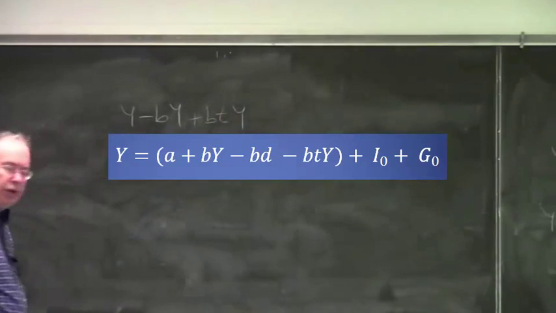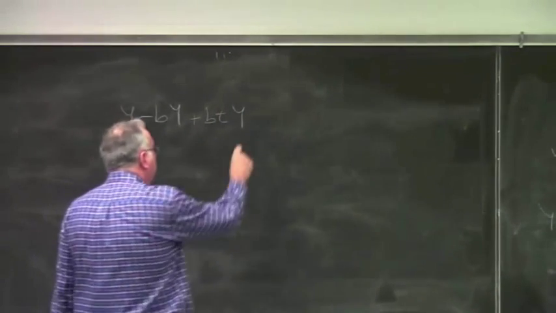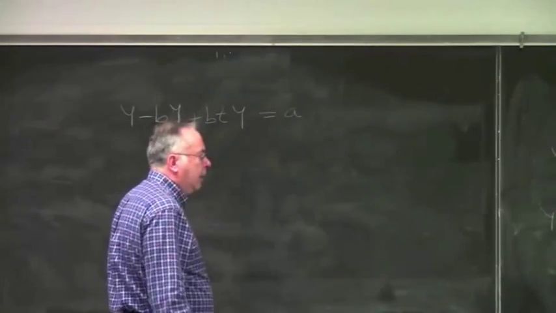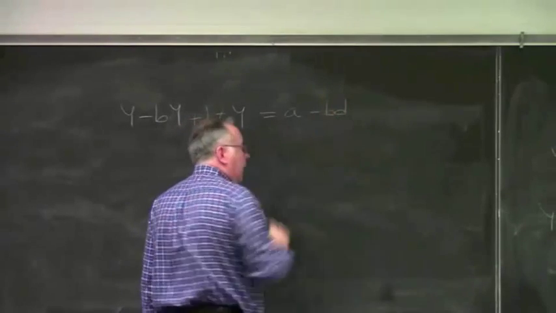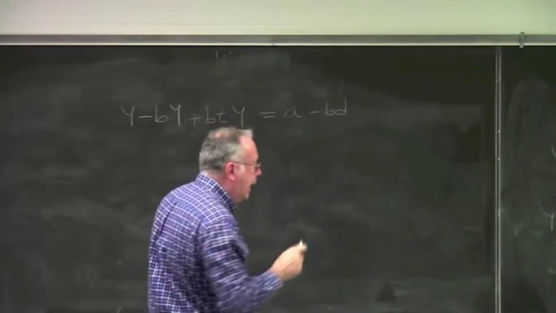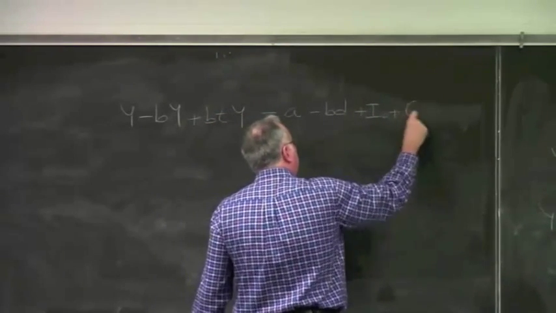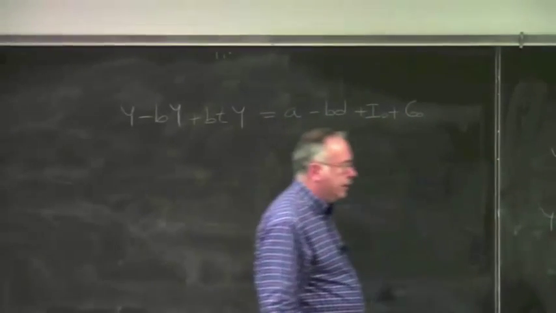And that's all the terms involving Y, isn't it? Everything else you just leave on the right-hand side. So on the right-hand side, we're left with A minus BD plus I plus G. And I don't need these parentheses anymore, so I'll just omit them.